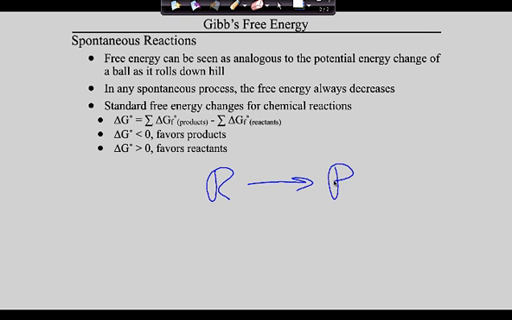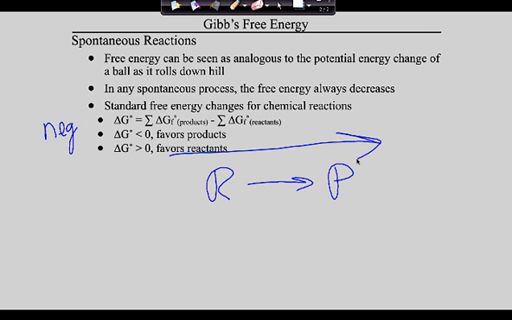So guys, we understand that in a reaction, we can think of this as reactants turning into products. So what does it mean if it says delta G is less than 0? Well, delta G is negative, right? So what do you know from the previous page of notes? What do you know about reactions that have negative delta G values? They're spontaneous. That means reactants turn into products.